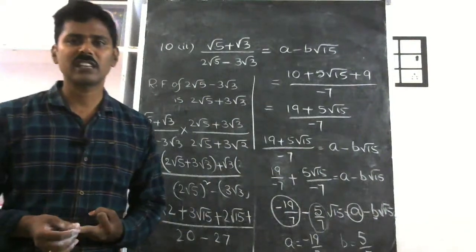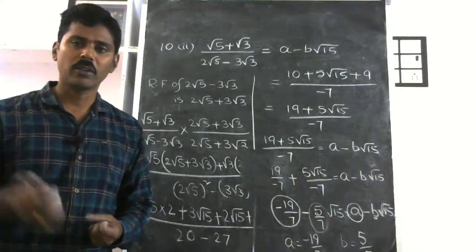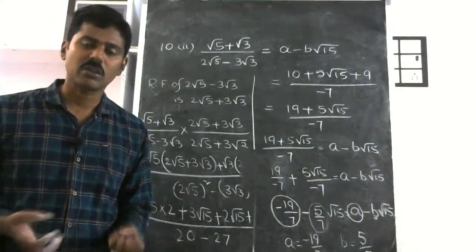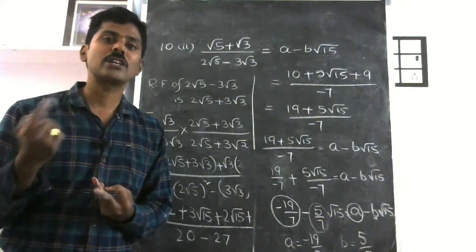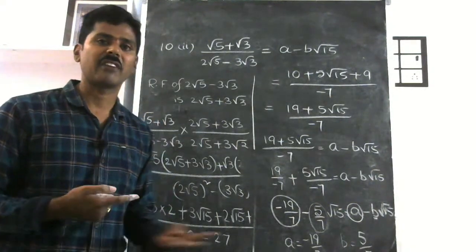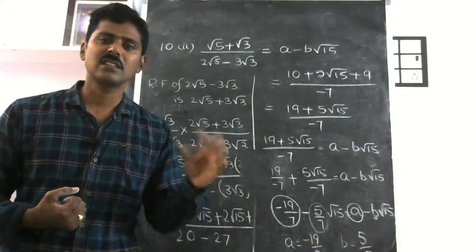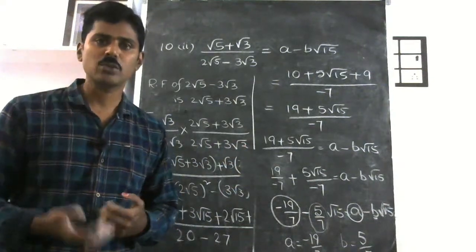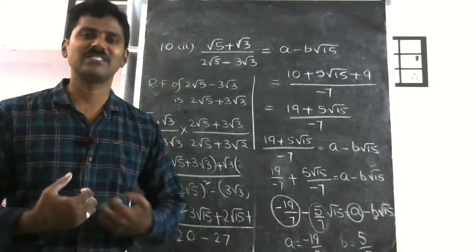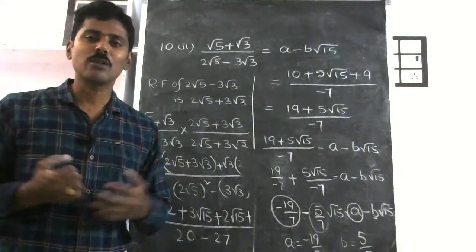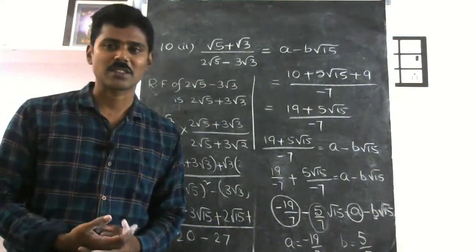As soon as the ninth is completed, if somebody asks what you have learned, I have learned in the first chapter about real numbers: irrational numbers, their definition, operations on irrational numbers, and finally rationalization and surds. These 5 topics you have to be in a position to explain to anybody. And some logical questions we also learned, like why pi is irrational and 22/7 is rational.